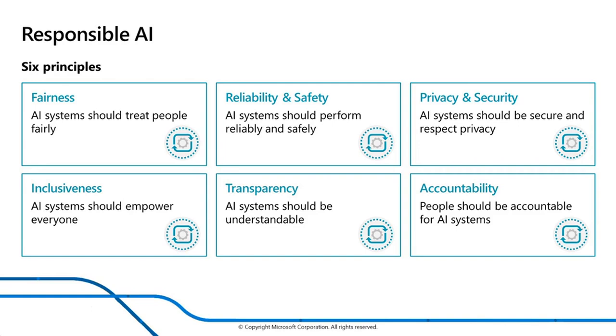Inclusiveness. Of course, the system should empower everyone. So you need to think about people who have some disabilities, for example, but not only. Think about people who have some autism, even a light one. This system needs to be inclusive of these people.